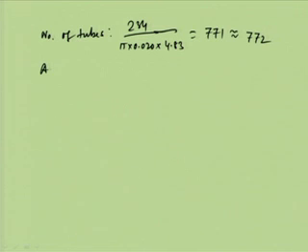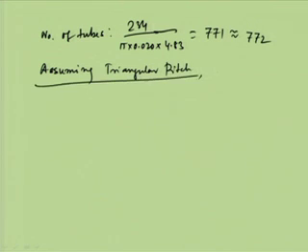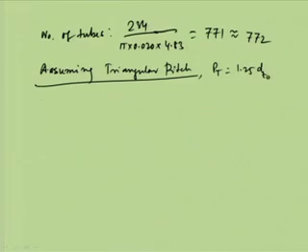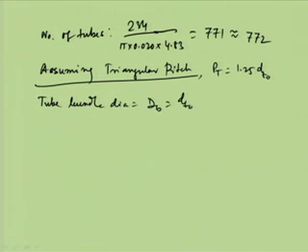Now, if I go to the shell side, assuming triangular pitch for the shell side, where PT is equal to, say, 1.25 DTO, the diameter of the tube. So, it is called 1.25 pitch. Then the tube bundle diameter dB is equal to DTO into (NT by K1) to the power 1 by N1.